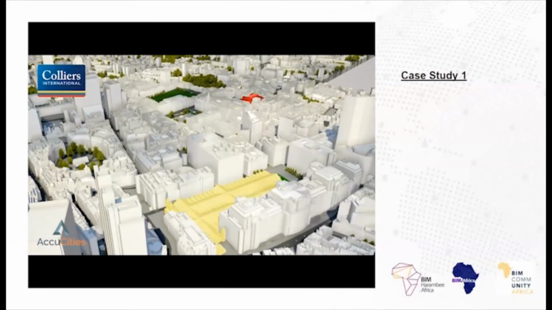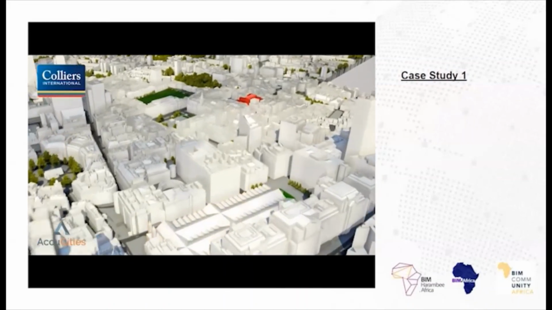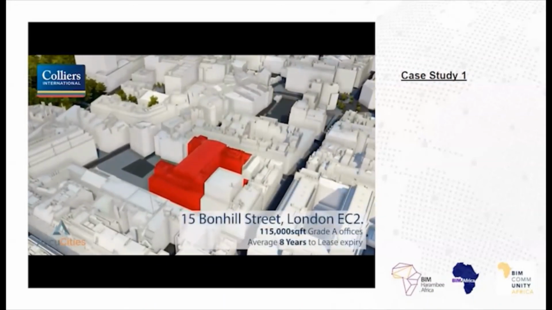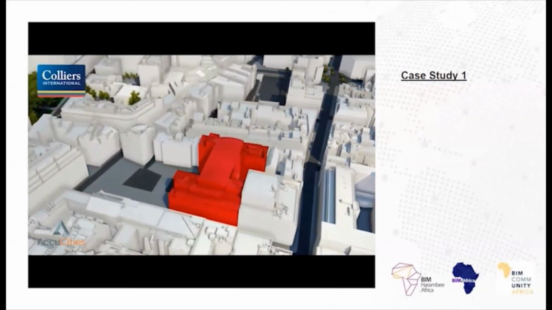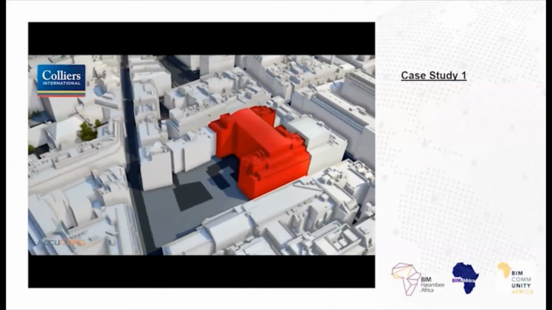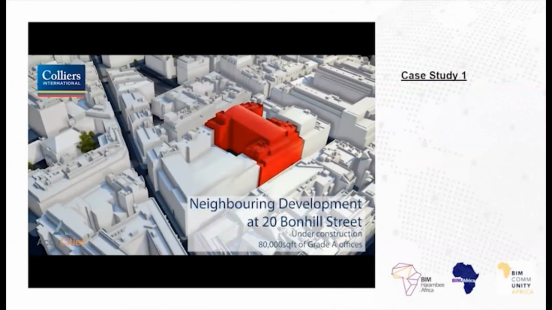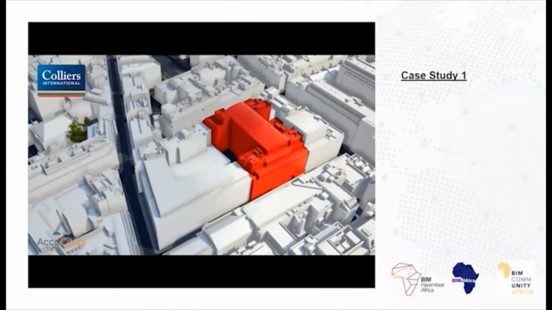The Crossrail highlights different areas of the station with access to another station. This also shows the office that they're looking at and how far it is to the stations and a neighbouring development here.